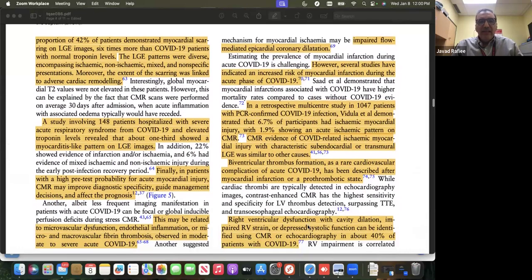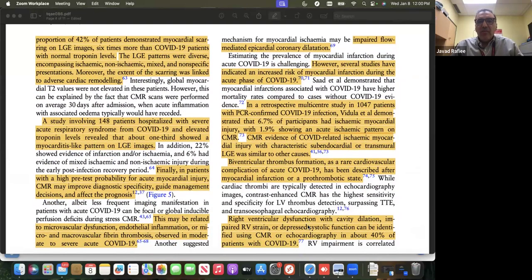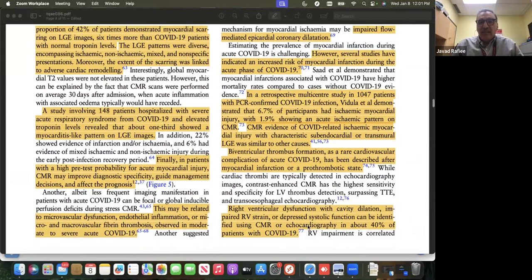The other advantage of cardiac MR in patients with COVID-19 is demonstration of right ventricular dysfunction, and it's associated with poor prognosis.